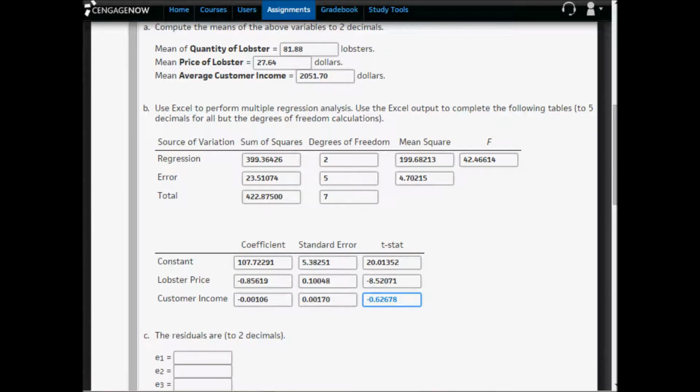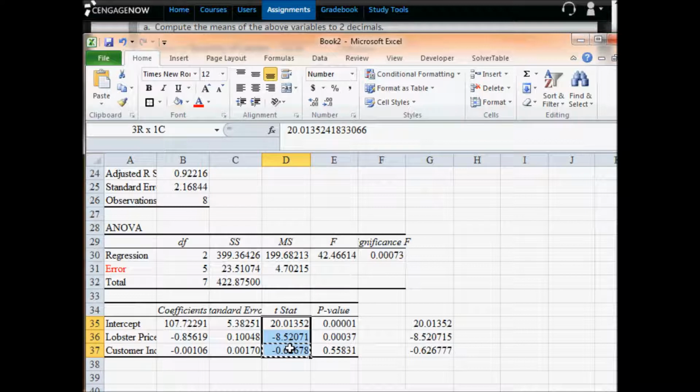Now here's something that's kind of interesting. Ignore for the moment the negative signs. We got a t-stat close to 6, we got a t-stat close to 9, and we got a t-stat close to 20. What happens to p-values? As the t-stat rises in value, the p-values get smaller. When the p-value is really, really tiny, the t-stat is way out in the tail of the t-distribution.